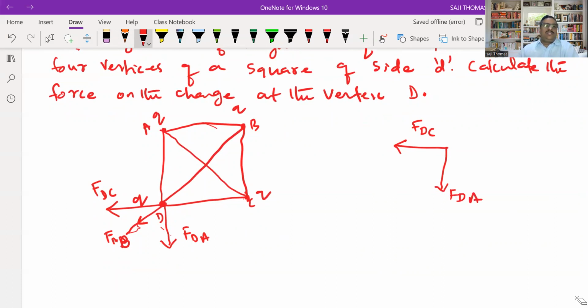And these two forces are equal, because the side is D only, same. So the force between A and D and between C and D are equal. And the resultant of these two forces is in this way. This I am writing as, say, F3, right?